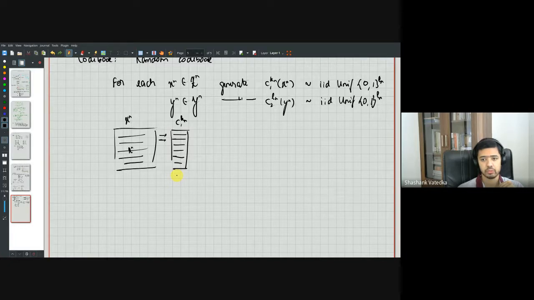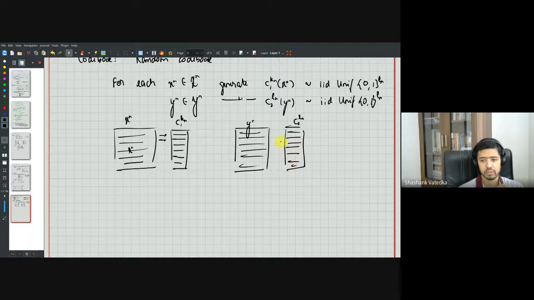Similarly for yn, you look at all possible yn sequences, and for each we identify a corresponding code word, C2 ln, just drawing these code words at random. Each is a uniformly random sequence of bits, and by this we generate the code book.